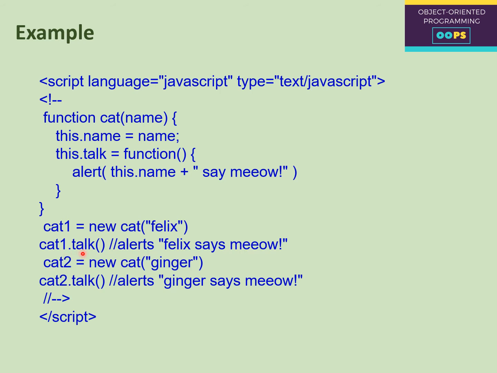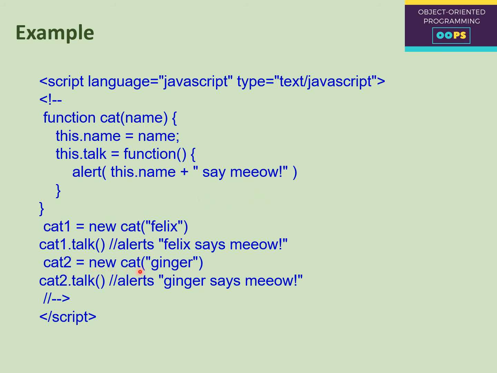Then cat1 dot talk means cat1 is already defined, and its name part has the value Felix. So using that cat1, we are trying to access the function talk. This function will be invoked, and an alert box will be produced with Felix say meow.